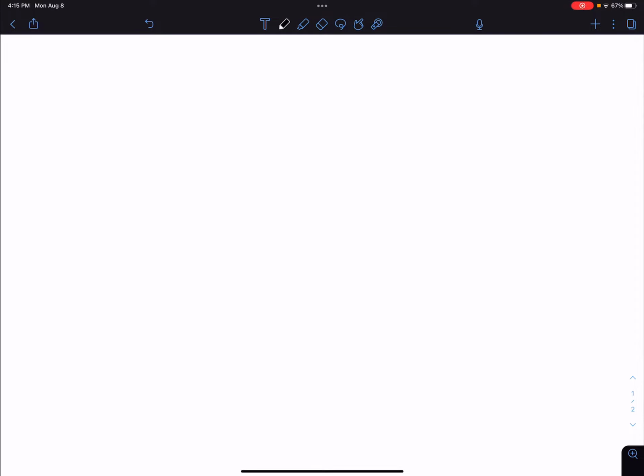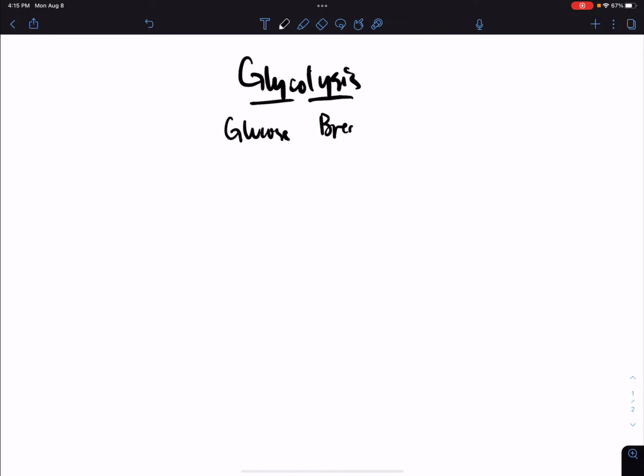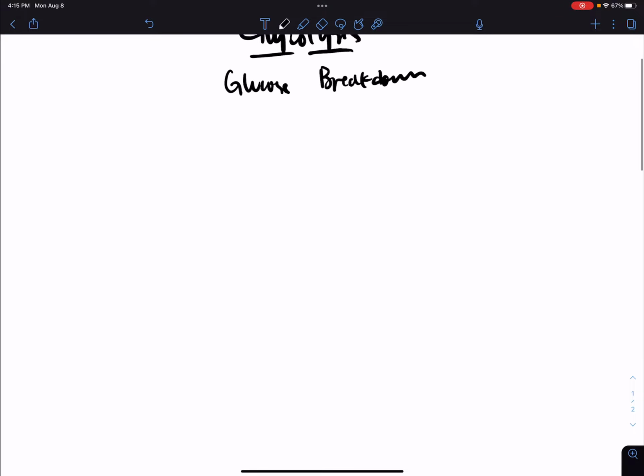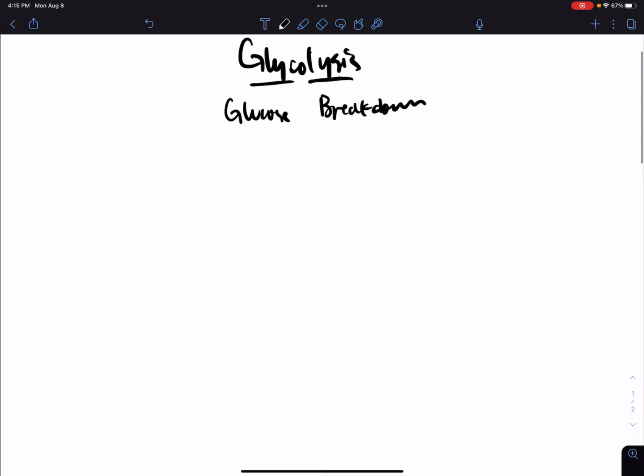We're going to get started today with glycolysis. So glycolysis: glyco for glucose and lysis for breakdown. This pathway occurs in the cytosol of the cell. Some exams will ask where this occurs.